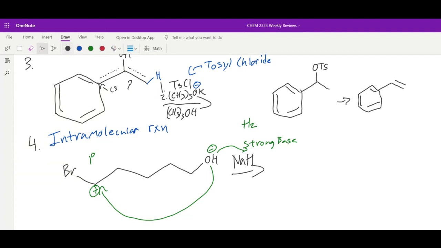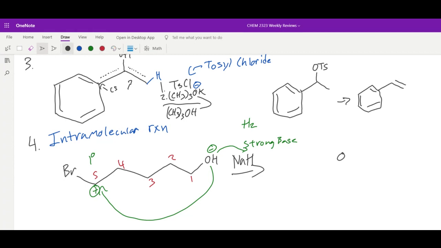So before you get to your answer, whenever you're attacking yourself, you're going to form some kind of ring. Yeah, 1, 2, 3, 4 carbons in your ring. Sorry, 5 carbons in your ring with oxygen also in the ring.